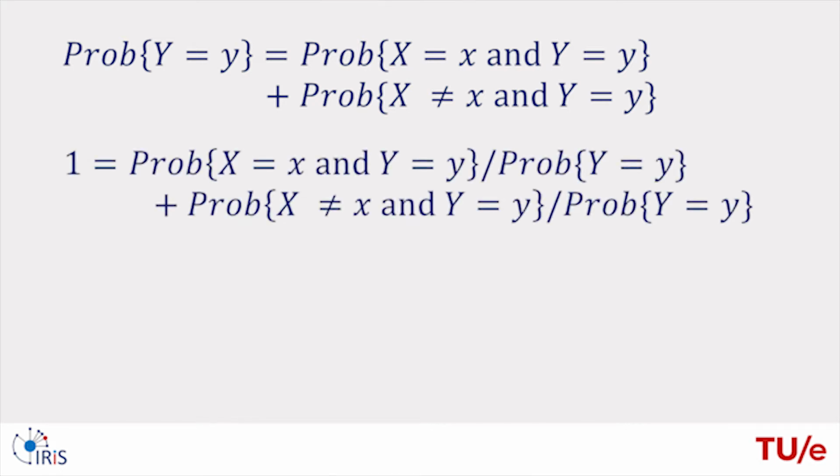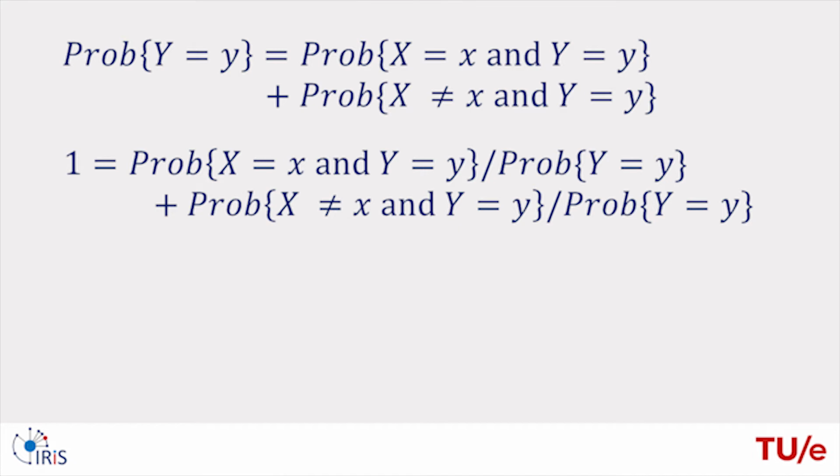Assuming that the probability that y equals small y is bigger than 0, we can divide by it and learn that 1 is equal to the probability of x equals x and y equals y divided by the probability y equals y, plus the probability that x does not equal x and y equals y divided by the probability y equals y.